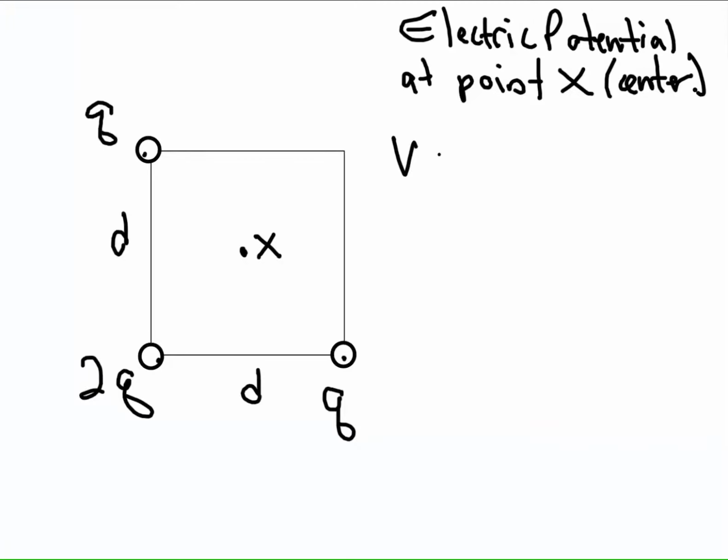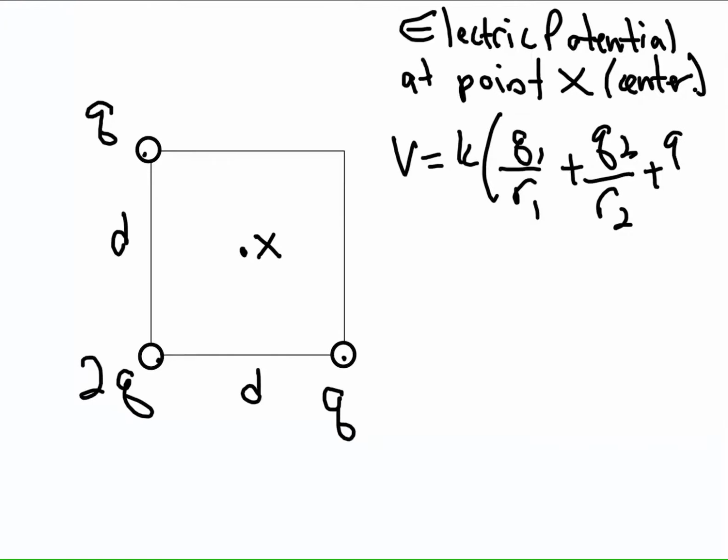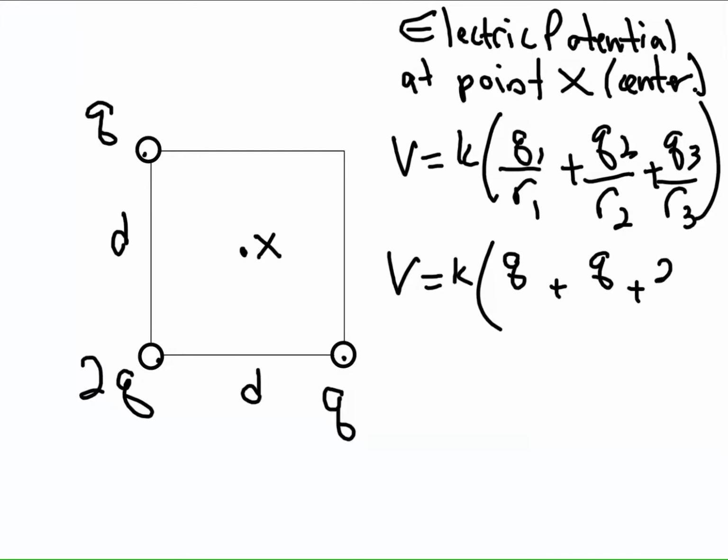So I'm going to start with the formula. K times Q1 over R1 plus Q2 over R2 plus Q3 over R3. Now, I'm going to take advantage of the symmetry of this thing a little bit. So V equals K. Now, we have a Q and a 2Q. So if we want to call that 1, this 2, and this guy 3.